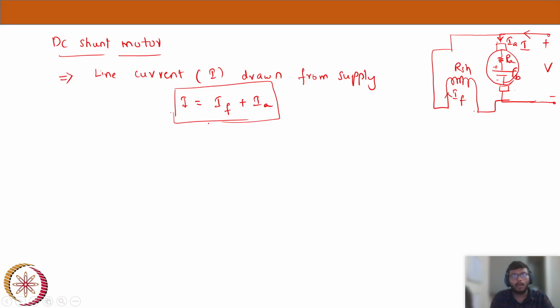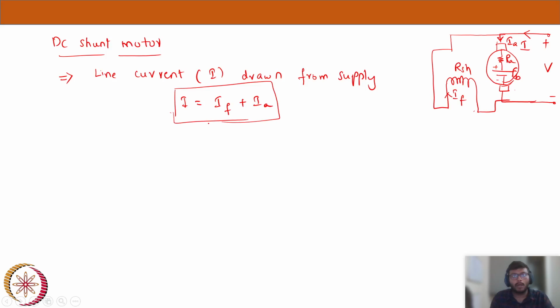These equations will remain the same, and the electromagnetic torque developed will be K dash phi into Ia. This is something that balances my load torque. Now these two equations will always be satisfied.